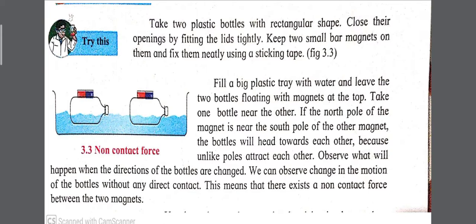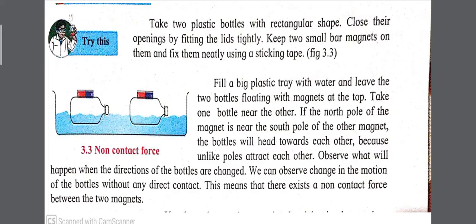floating with the magnets at the top in this tray, which is filled with water, and take one bottle near the other. If the north pole of the magnet is near the south pole of the other magnet, the bottles will head towards each other, meaning the bottles will come towards each other, because unlike poles attract each other.